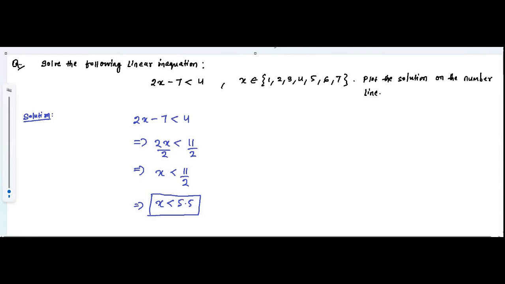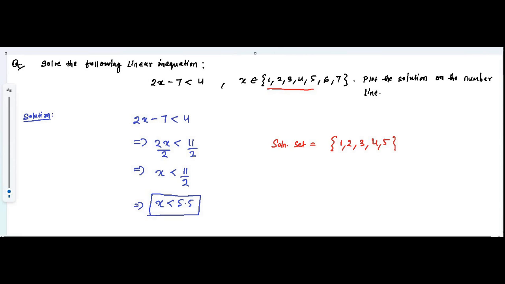So it is lesser than 5.5, so we can start from 1 and go up to 5. So this fits the criteria. So the solution set for the given inequation is 1, 2, 3, 4, 5.